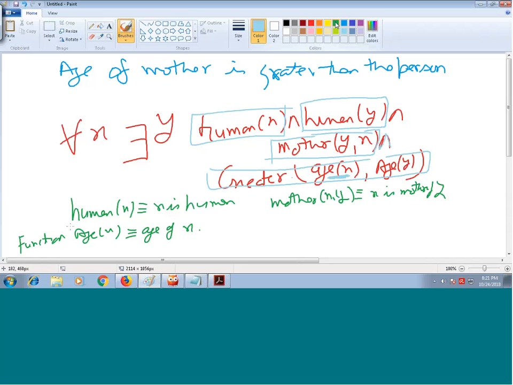You also have to define the predicate greater XY. What is X greater than Y? I think here we made a mistake. To correct it, I can change this and say that greater XY means this is what I mean by this. Now I am correct.